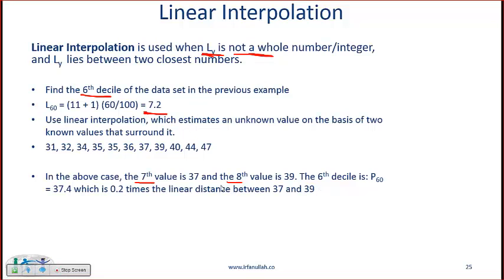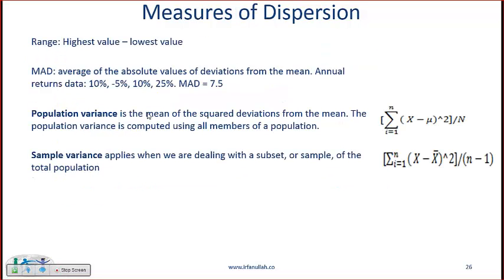Let's just do this with an example. 7th value is 37, 8th value is 39. Then the 6th decile, which is what we are working with over here, is 34.7, which is 0.2 times the linear distance between the two. And where is this 0.2 coming from? It's the 0.2 from here.